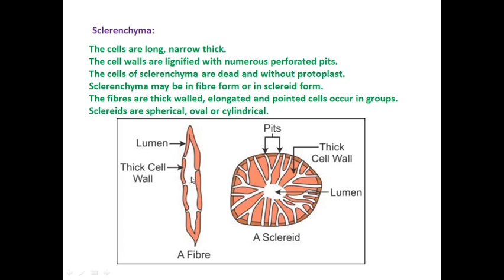The fibers are thick walled, elongated and have pointed ends. Now coming to sclereids, they are spherical, oval or cylindrical. Here you see these are the perforations, and these perforations are called pits. Pits are also present in a sclereid. So this is all about sclerenchyma.